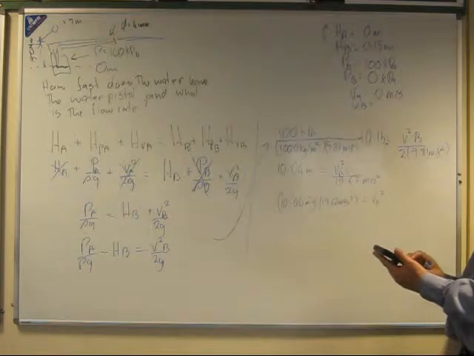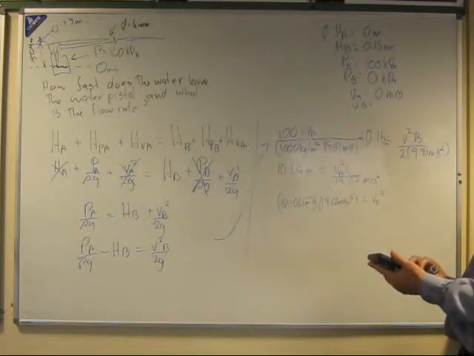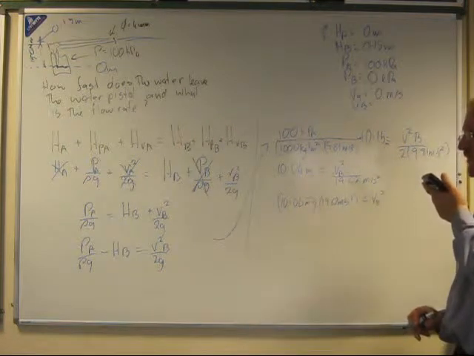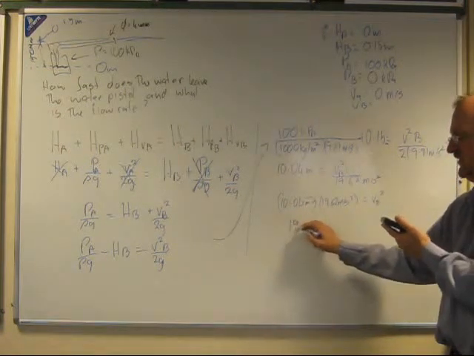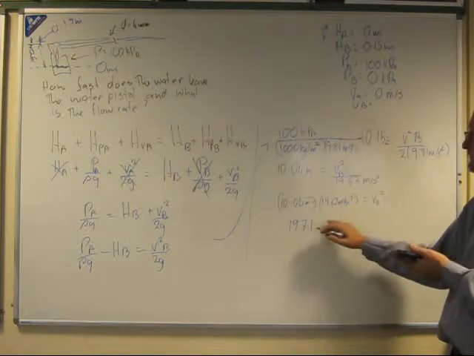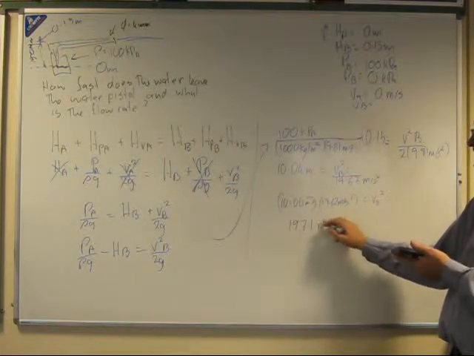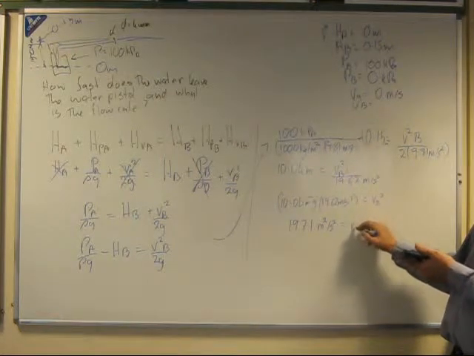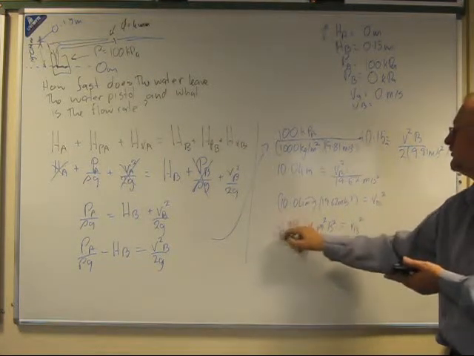So 10.04 times 19.62 equals 197.1 meters squared per second squared, equals VB squared. Take the root of both sides.